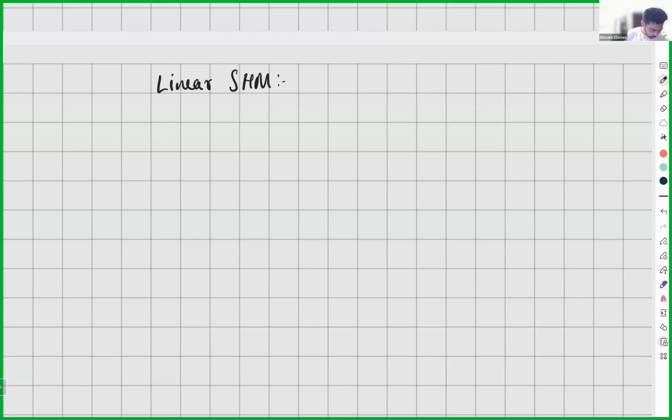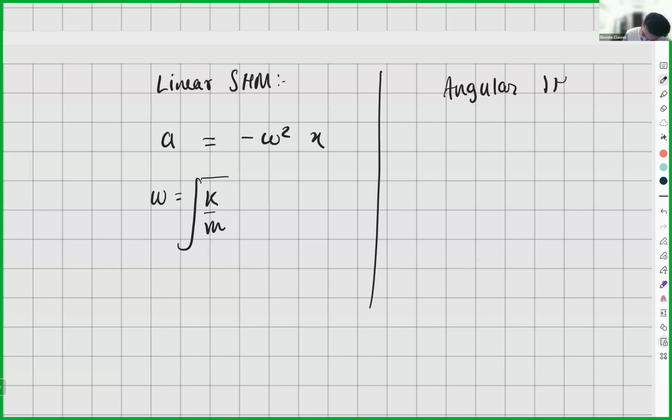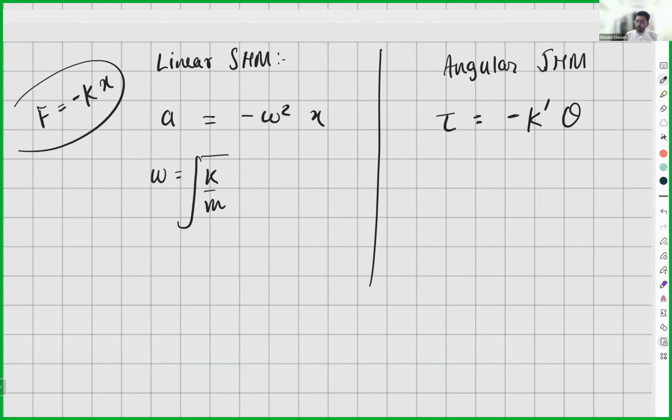Similarly, in angular SHM, torque will be minus k dash into theta. Here in the linear case there was a force expression minus k into x; I have just made this different from the k, which is why I have written k dash.